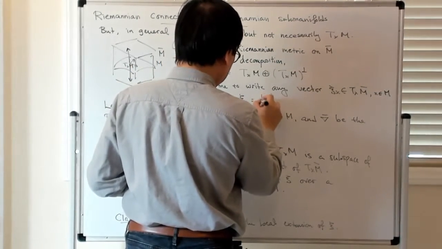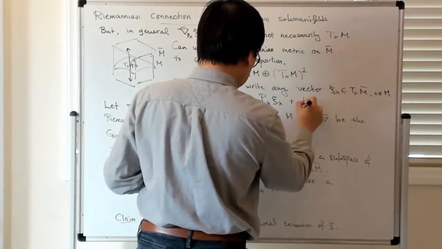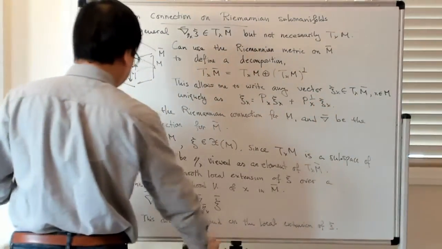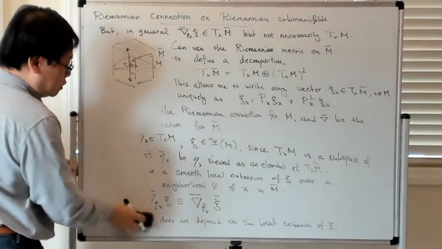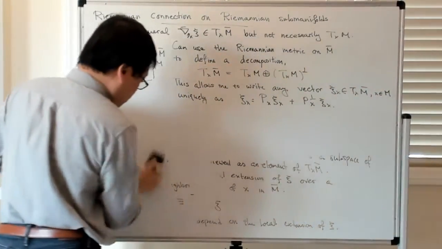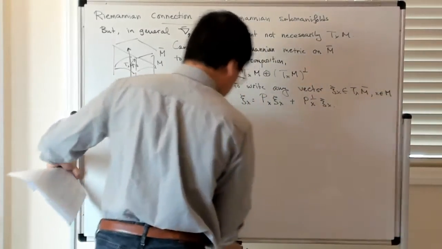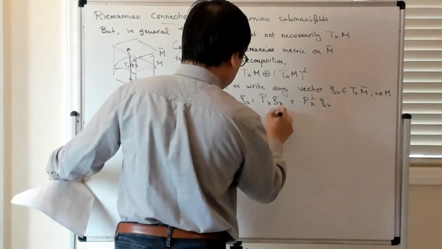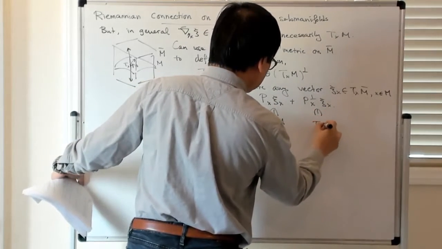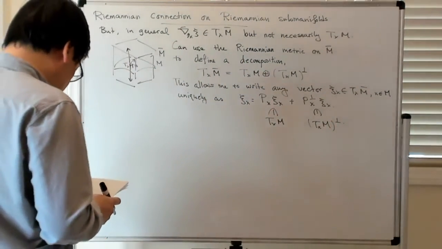So there's a projection at x of this plus some perpendicular projection of this. Of course, this is in the appropriate space. This is in Tx of M, and this is in Tx M perp.